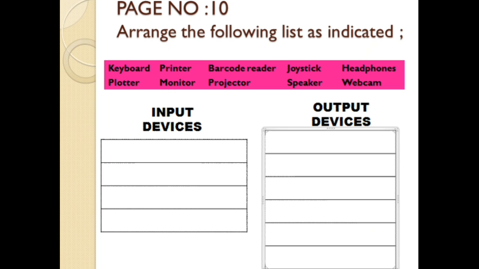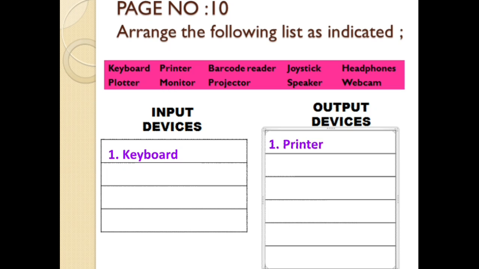So the user uses the keyboard, and it comes under the input device. The next one is printer. When we use the printer, it gives a hard copy, on paper only. So the printer gives the printout. So it is an output device.